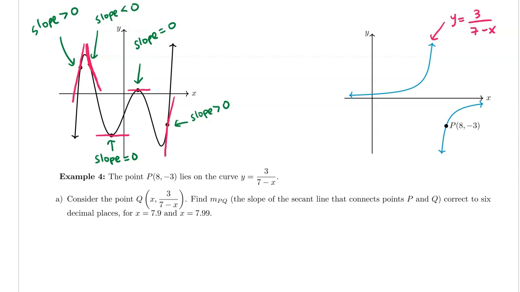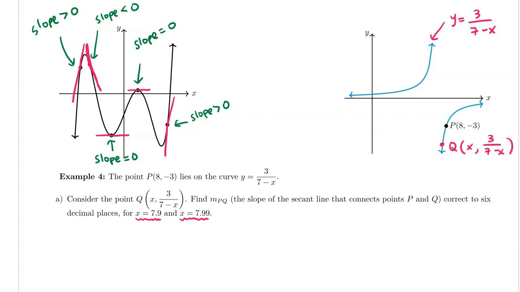On my curve, I'm going to try to make it a little bit further away. I'm going to call this point Q, and I'm going to say that it has the coordinates x, 3 over 7 minus x. And I don't know what x is, but why don't we try x equals 7.9 and x equals 7.99?